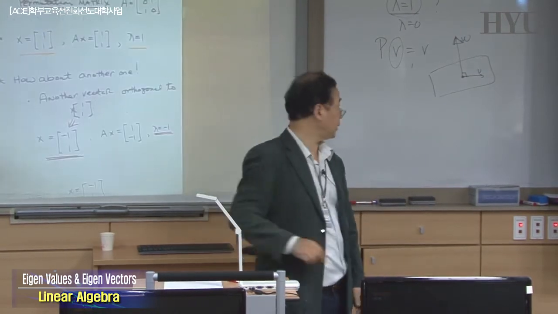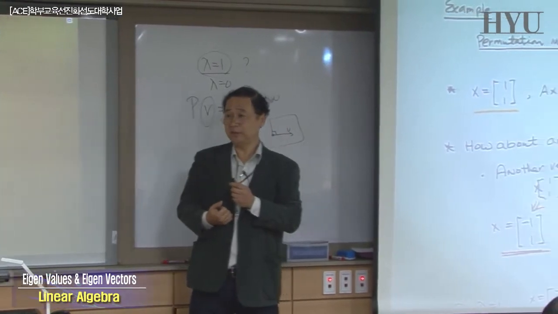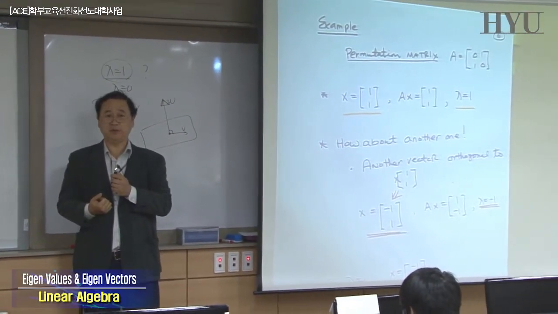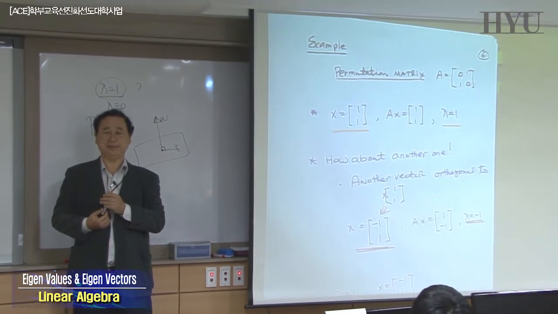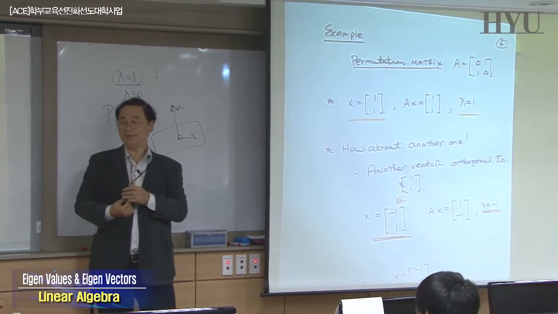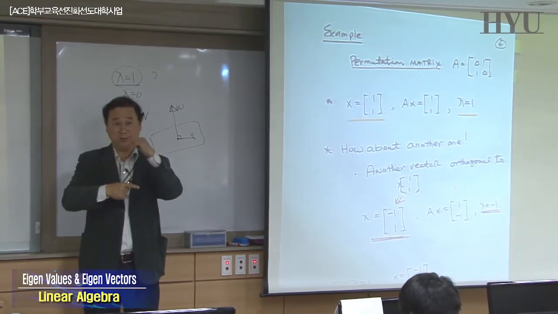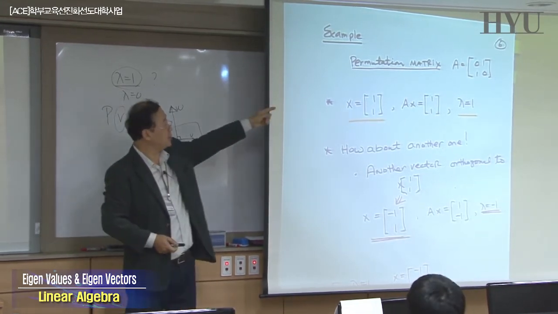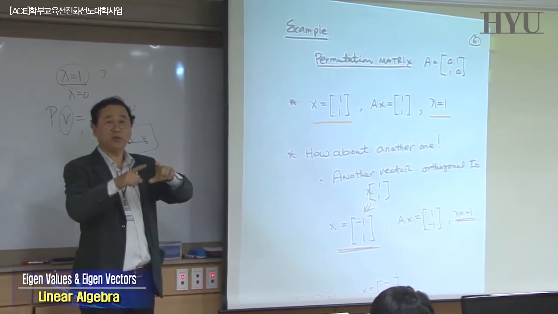This is another one. I say permutation. What's the permutation? Permutation, like exchanging rows. Okay, this is A, [0 1; 1 0]. This is a 2 by 2.